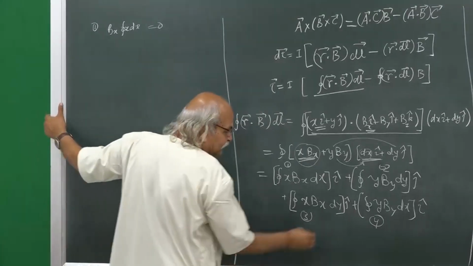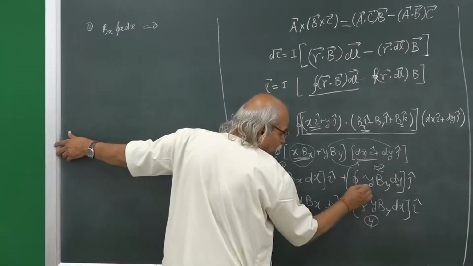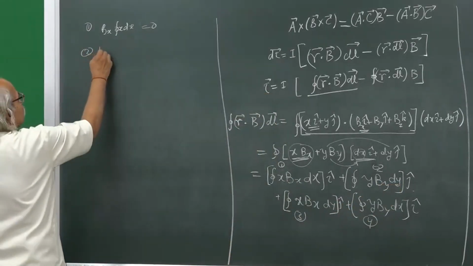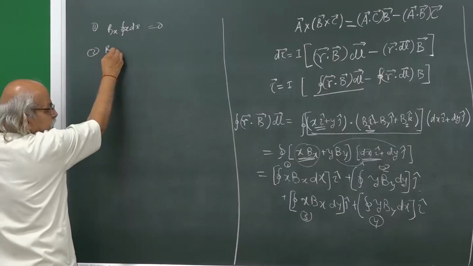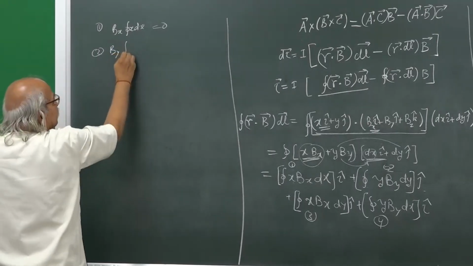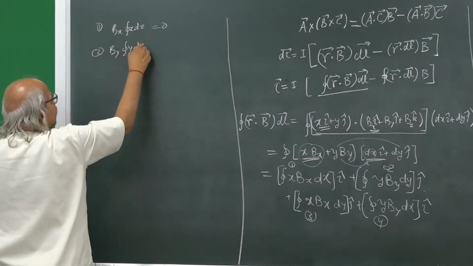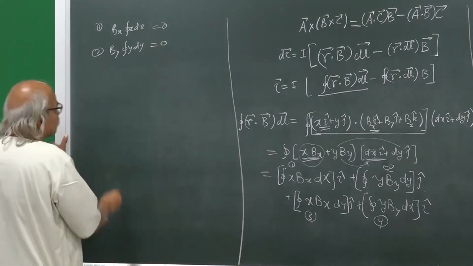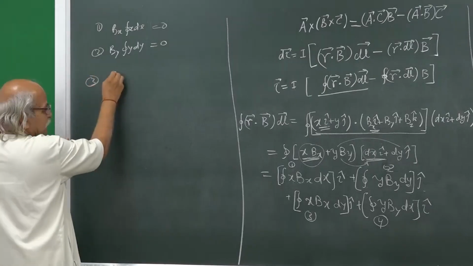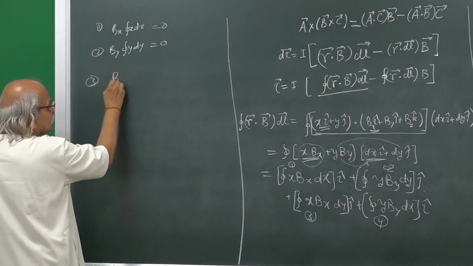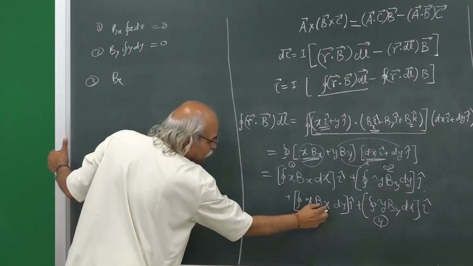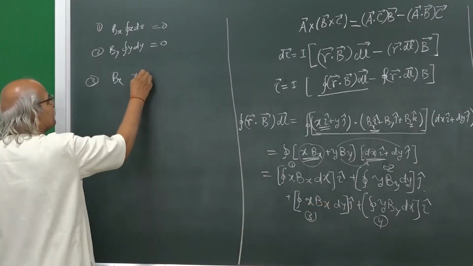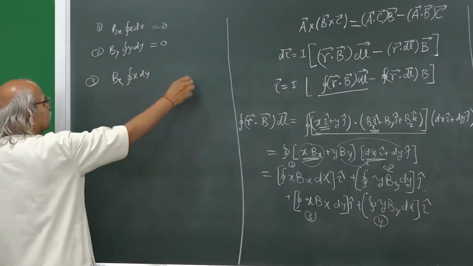Similarly, y dy, the second one, is also 0. B y integration y dy is also 0. Now 3 and 4. What is 3? 3 is bx, you can take this bx out, x dy integration, and this goes with j cap.